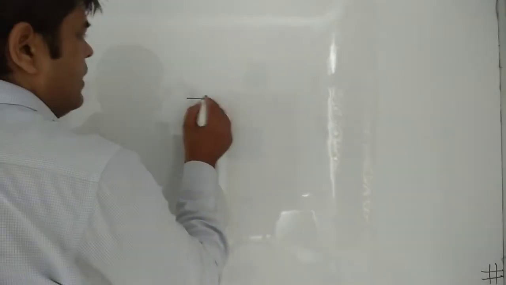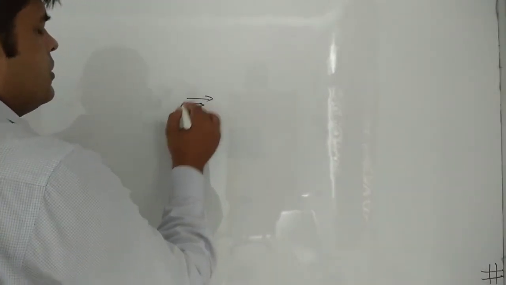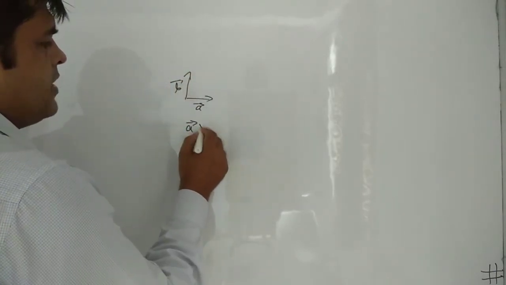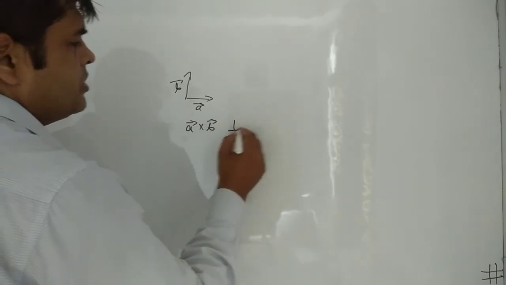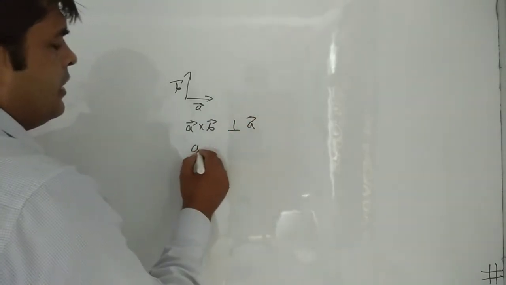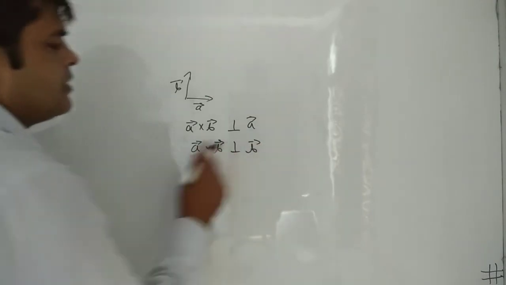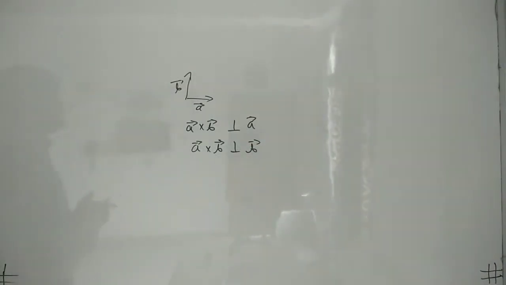A very important fact now I want to discuss with you. If you have vector A and vector B given to you, the vector A cross B will always be perpendicular to vector A. A cross B will always be perpendicular to vector B. The cross product is always perpendicular to two given vectors.